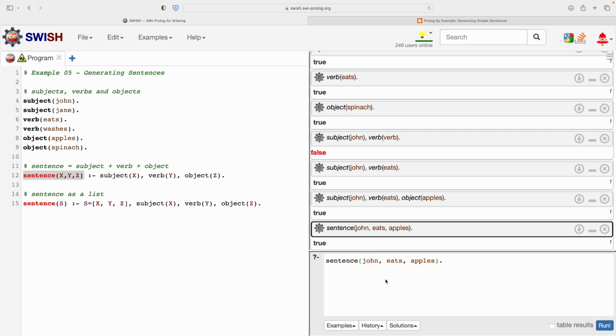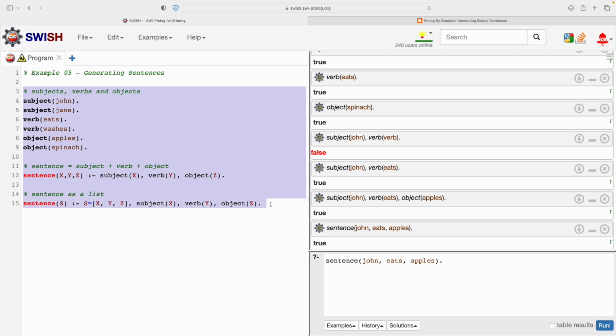Let's pause there and just go over what's happened. So sentence, John eats apples. In order to answer this query, Prolog doesn't know whether it's true yet, so it needs to use the information in the database, the facts and rules, to work out whether this is true.